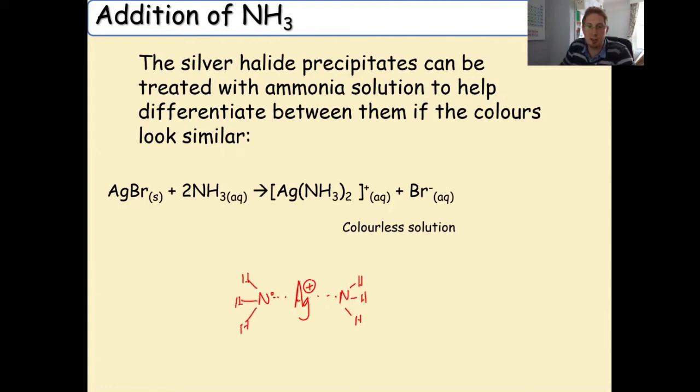Obviously the nitrogen, being the negative bit with the lone pair, points towards the silver, and that is the positive ion floating around in solution, and you've also got the Br minus floating around. So just in case that ever comes up, just so you've seen it.